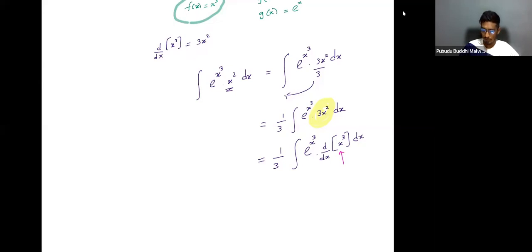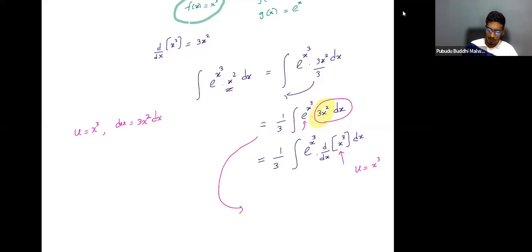So u equals x to the power of 3. Then you can integrate this very easily. u equals x to the power of 3, du equals 3x squared dx. Then this is du, here u.